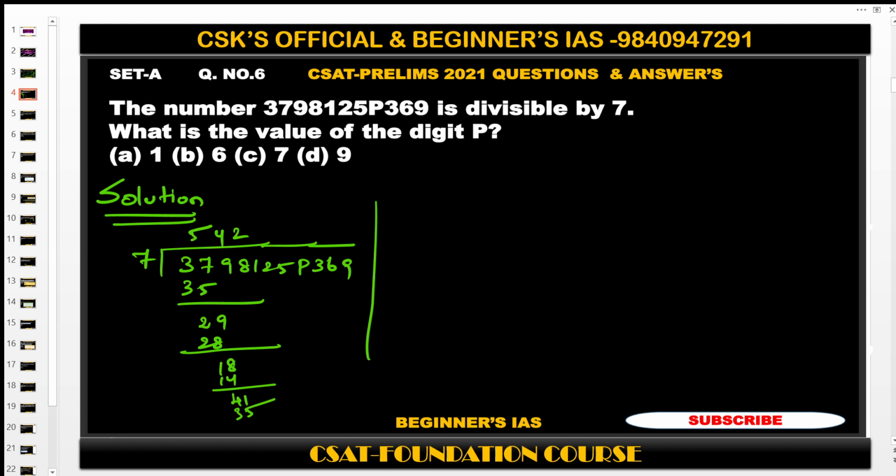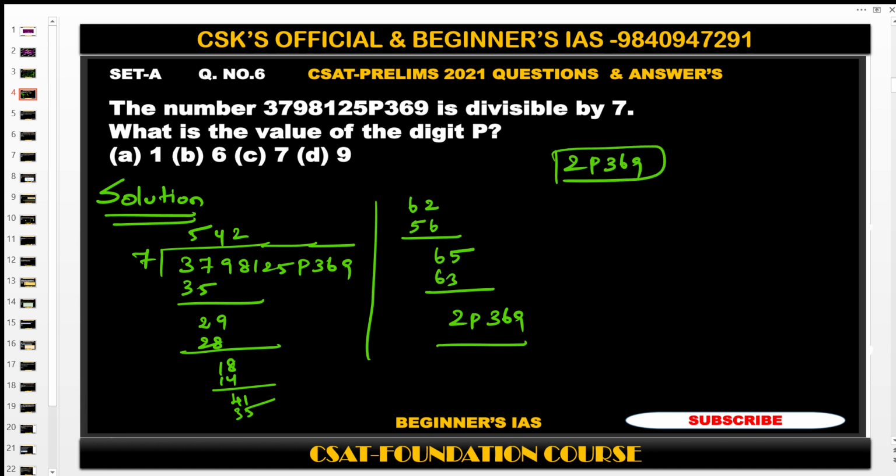So 6, 62. So 62 means 56. So again 6, then 5 here, then 63, 2p369. Now what you need to do is take this 2p369.